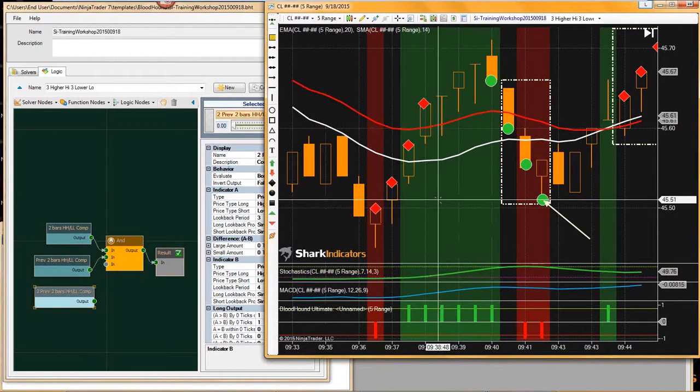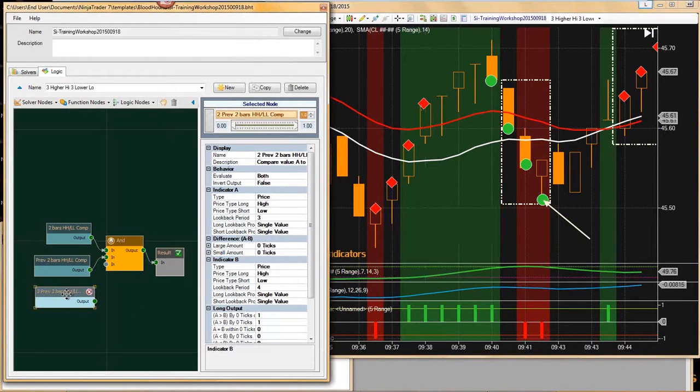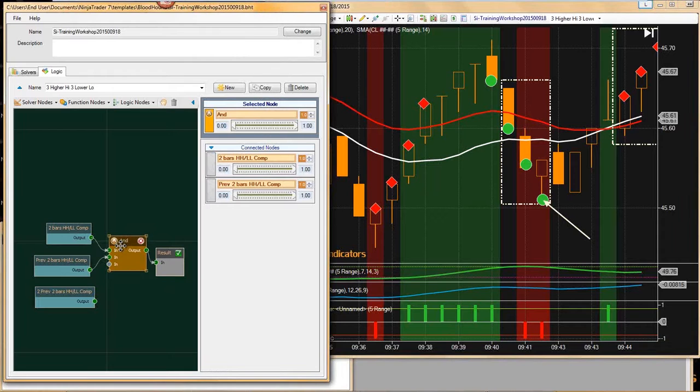So BloodHound basically glues all those conditions together. The solvers are designed to look at each condition one at a time, and then glue them all together using AND nodes, OR nodes, various logic capabilities.